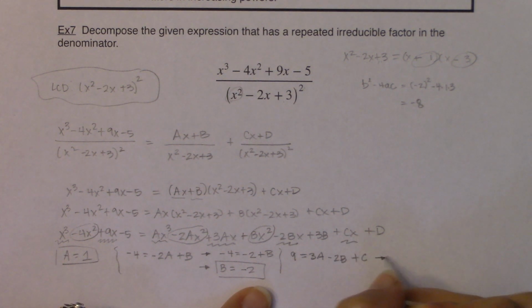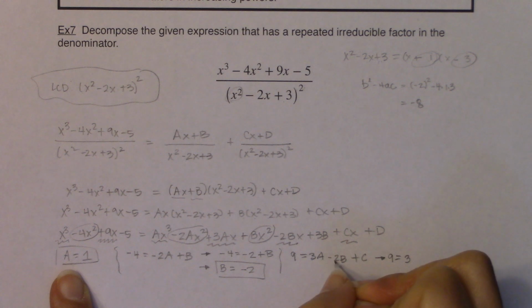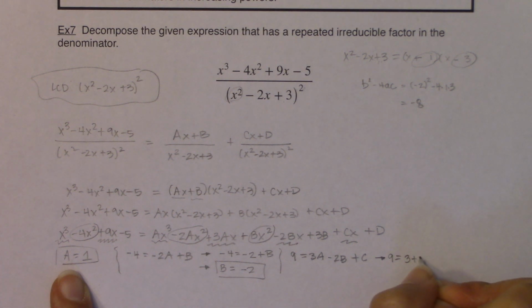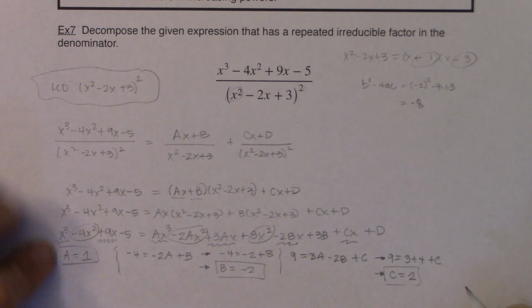So I have 9 is going to equal 3 times a. Well, if a is 1, that's the number 3. Minus 2 times b, so negative 2 times negative 2 would be positive 4, plus c. So I get a 7 over here. When I move that over, I'm getting that c is equal to 2. Okay? And that only leaves me one to go.